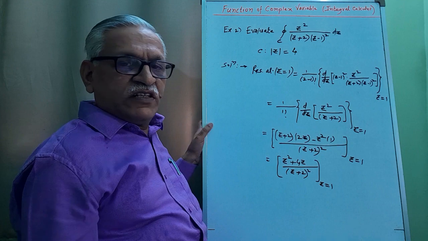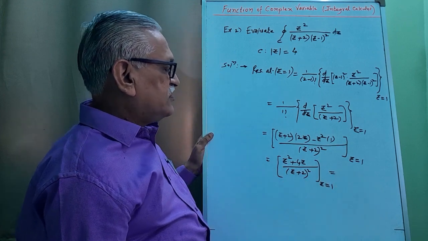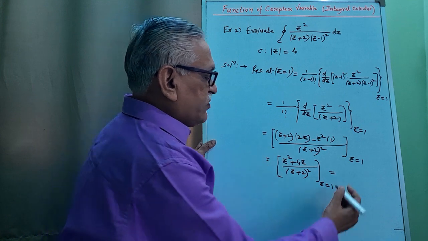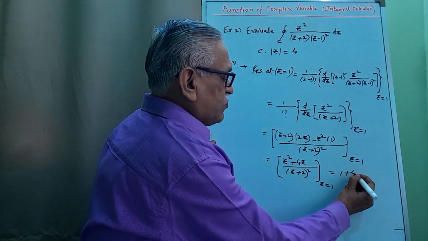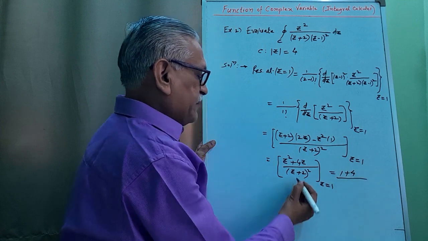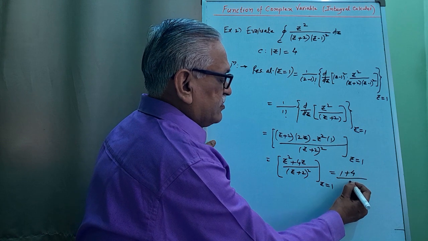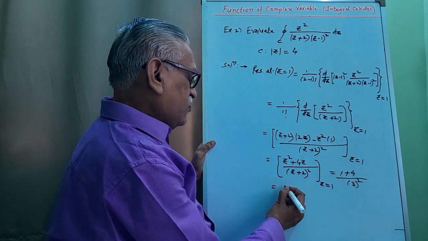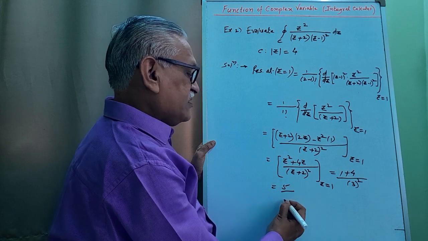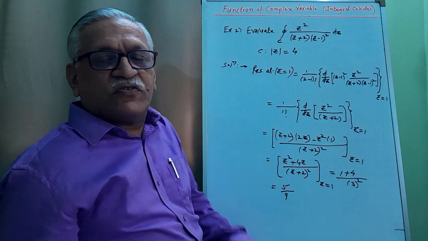Substituting z is equals to 1 here to get the value of that second residue, we get 1 square as 1 plus 4 into 1, we get 5, divided by (1 plus 2) 3 square, that is 9. Therefore that value is 5 by 9. This is the second residue.